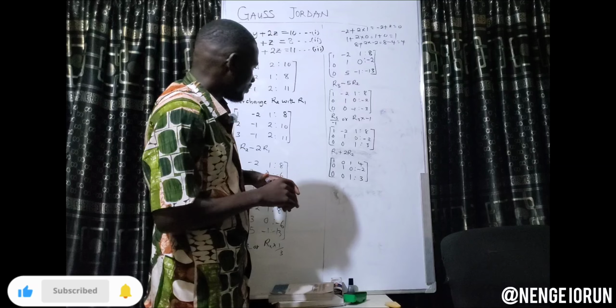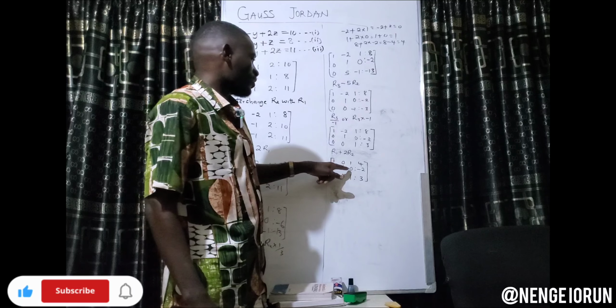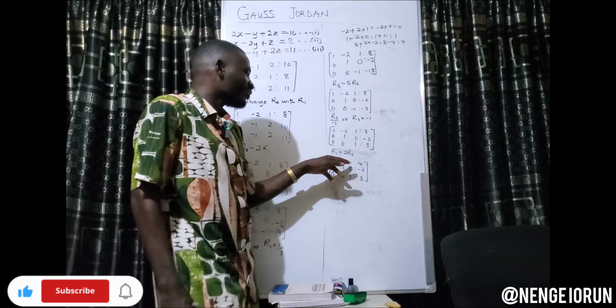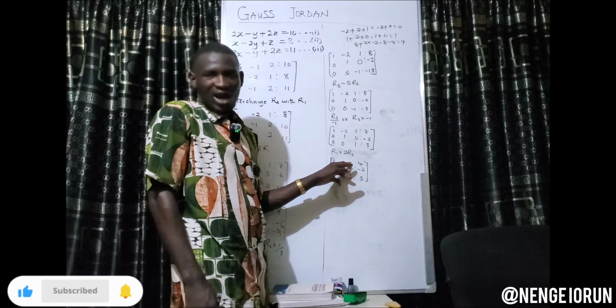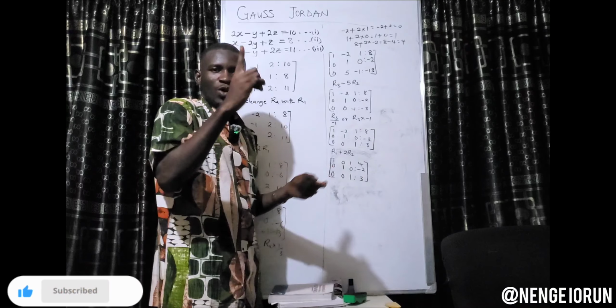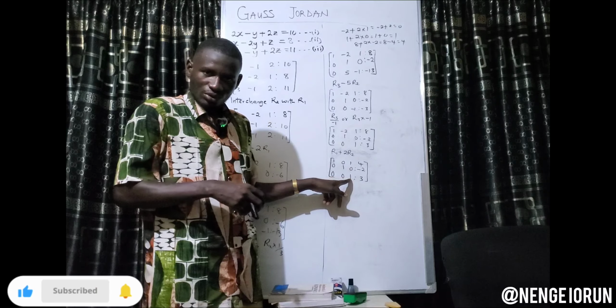Now the next step is for us to have 0 here. So what can we do to 1 to make it 0? If we say 1 minus 1, it will give us what? 0. So to get 0 here, we will say row 1 minus row 2.